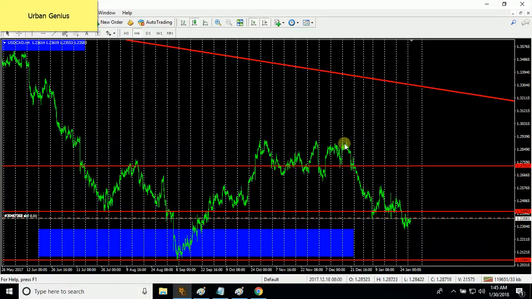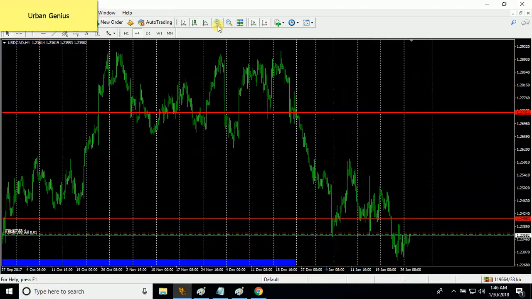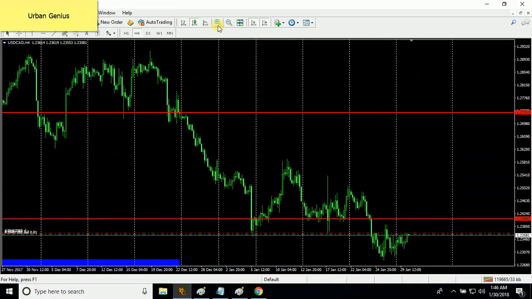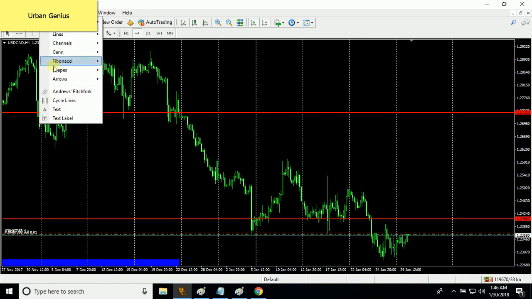Now here we have a high, low, lower high, lower low. And again, this is the 4-hour chart. So let's start our trend from here.